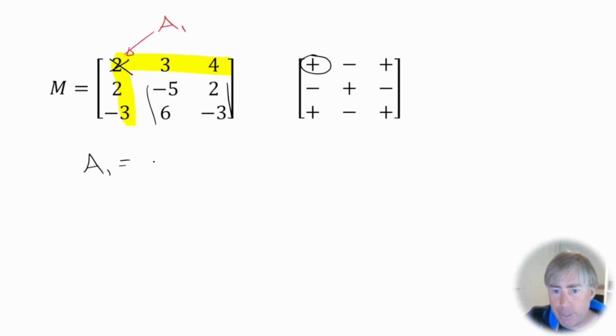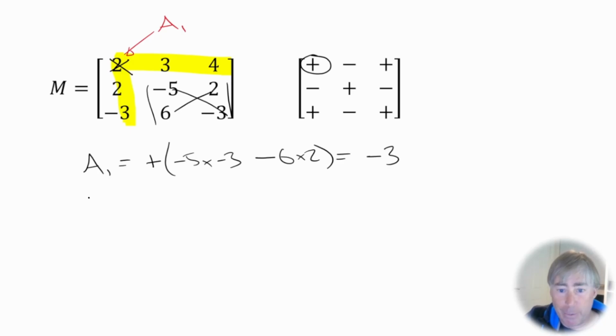I simply find the positive value of my determinant, negative 5 times negative 3, and then from it subtract 6 times 2. So I end up with negative 15 subtract 12, giving me negative 27.